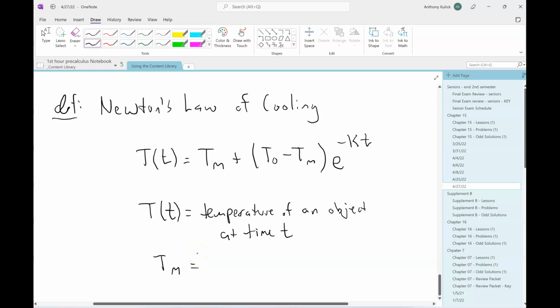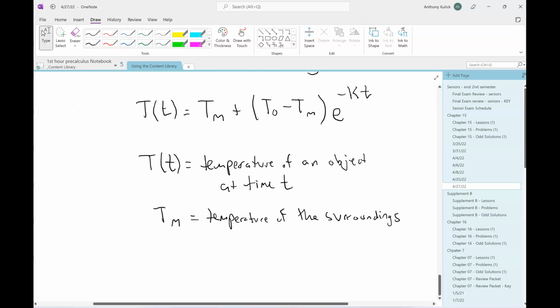T sub M is the temperature of the surrounding. T naught is the initial temperature of the object.